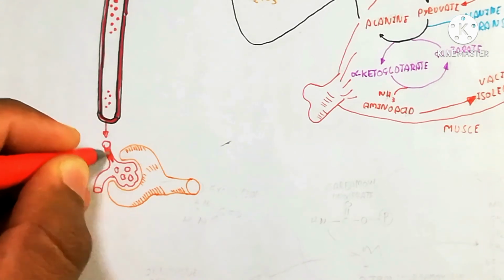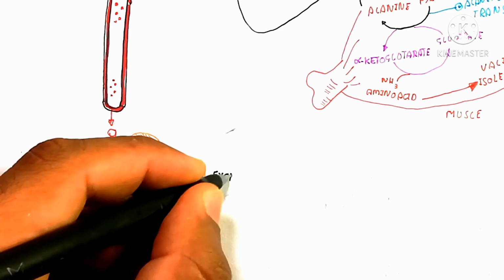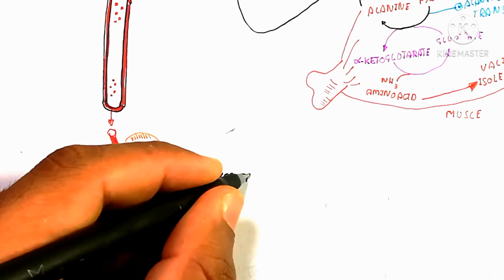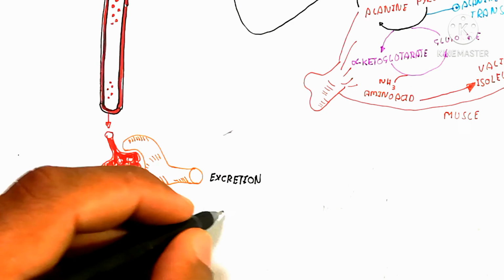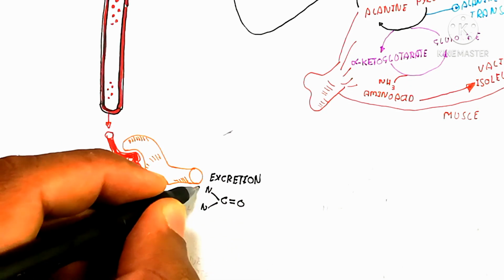So here I will draw the mitochondria, where we will look at the urea cycle to understand it. This reaction is not the urea cycle.